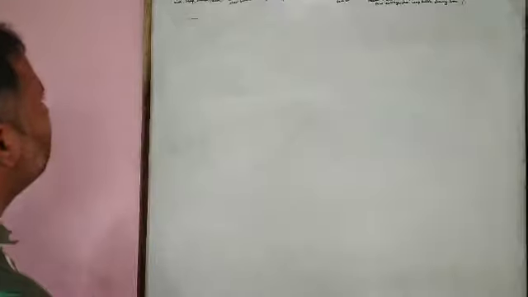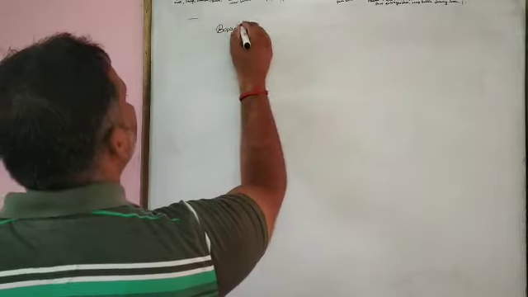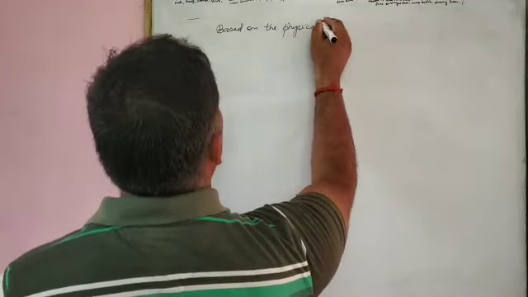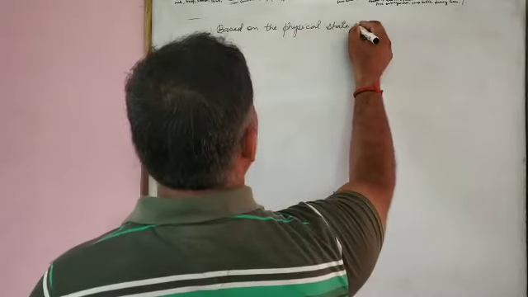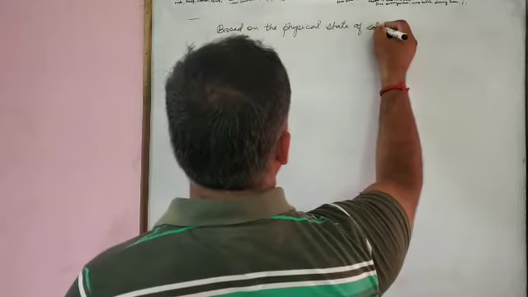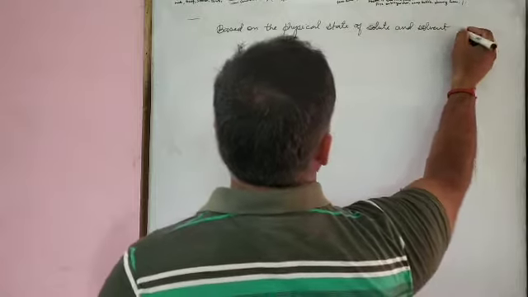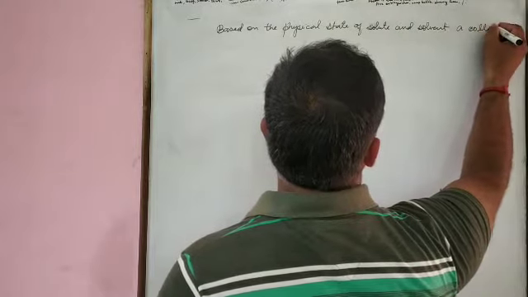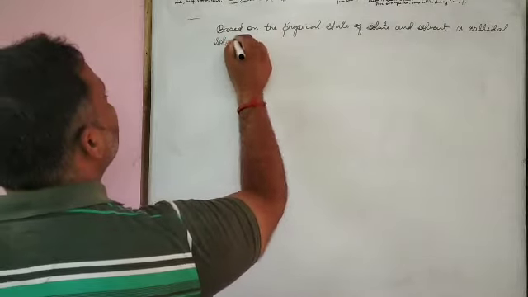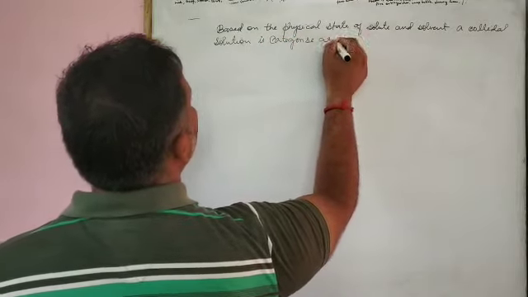The first one, based on the physical state of dispersed phase of solute and solvent, a colloidal solution is categorized as follows.